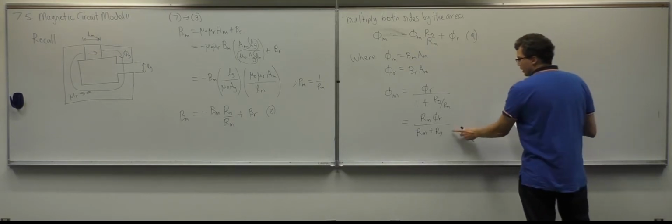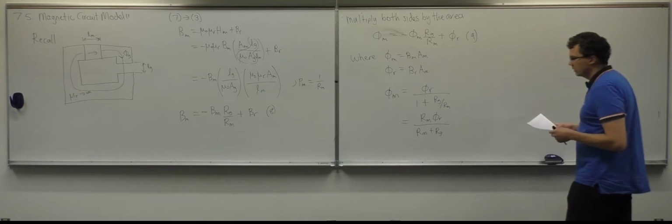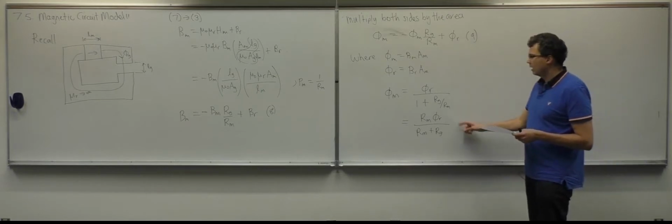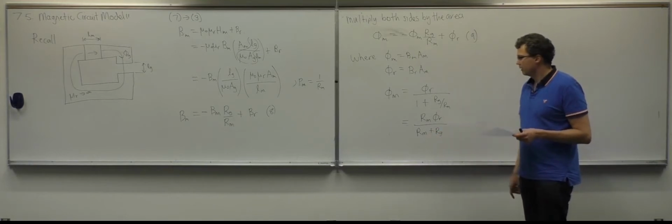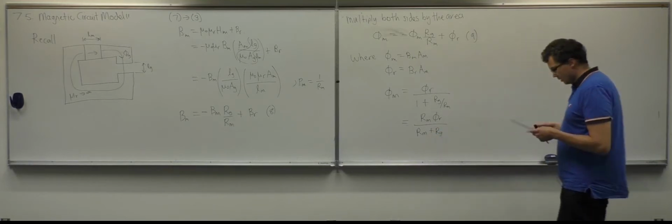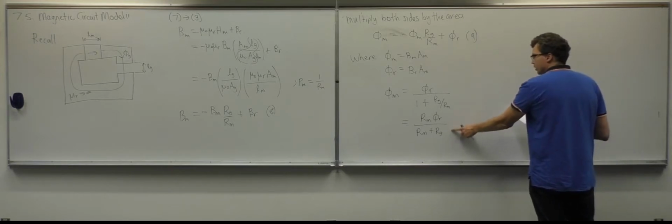So what does this look like? This looks like current division, right? When we have two terms. So we could draw up what that looks like.